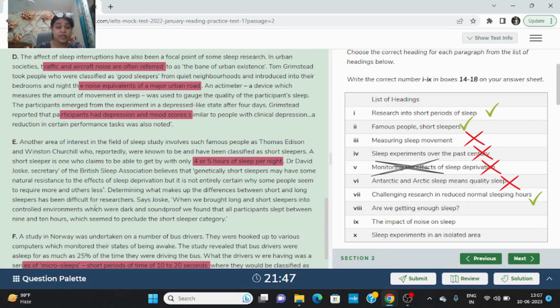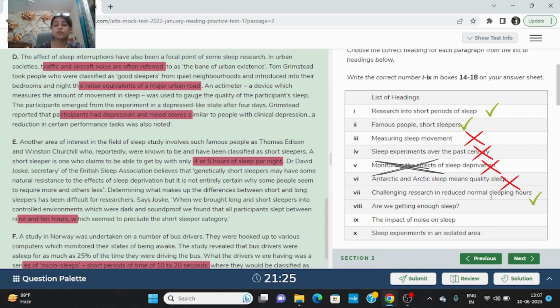Okay, then we brought long and short sleepers into a controlled environment, which was dark and soundproof, slept between 9 and 10 hours, which seemed to preclude the short sleeper category. So they are talking about challenging research in reduced normal sleeping hours. So this is the most appropriate heading.